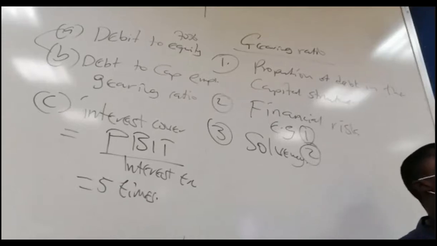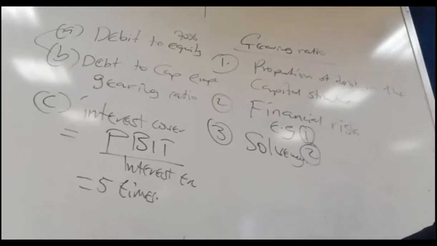If this year all our money was taken away by the debt holders as interest, we didn't get money to pay the shareholders as dividend. So if it's too low, tell the examiner that it's too low. So shareholders' dividend is at what? It's at risk. Good.